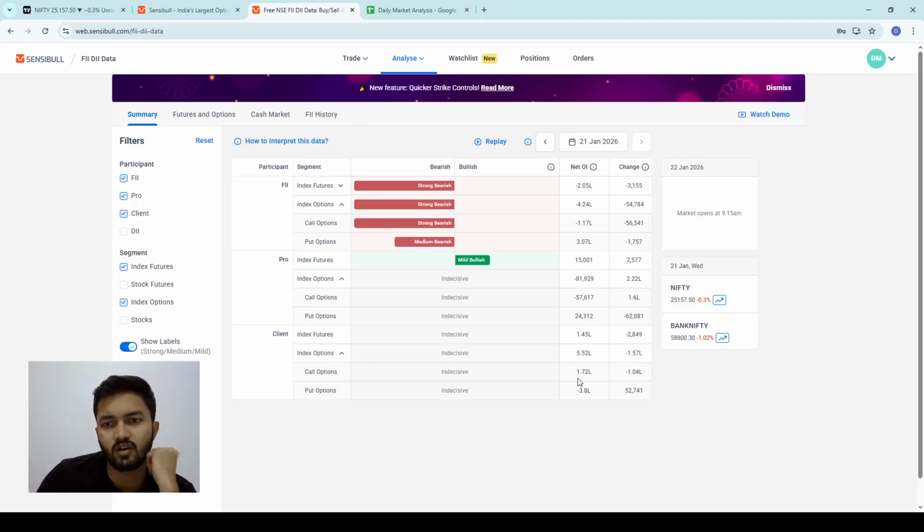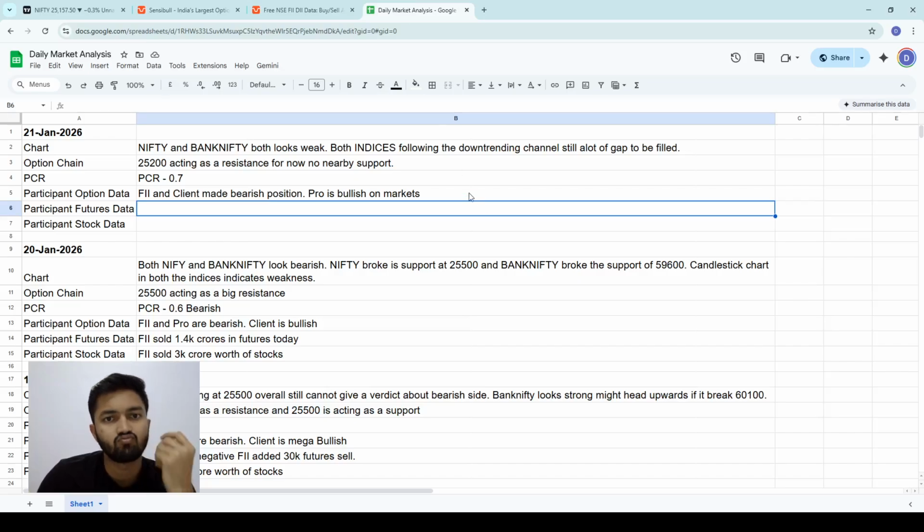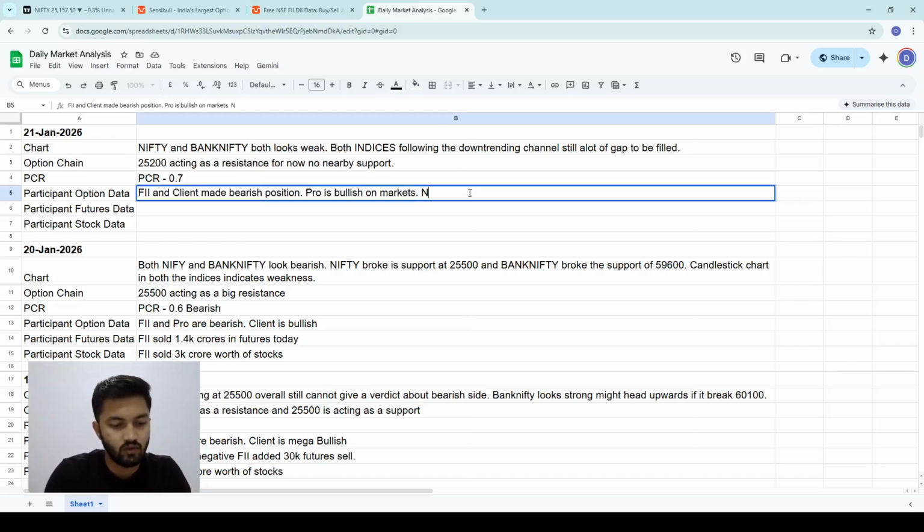But the overall picture seems to be very clear. Client is long, Pro is short, and FIIs are also short. Net position remains unchanged.